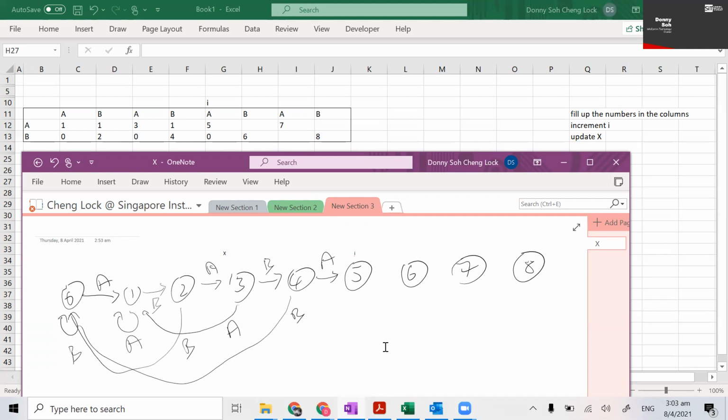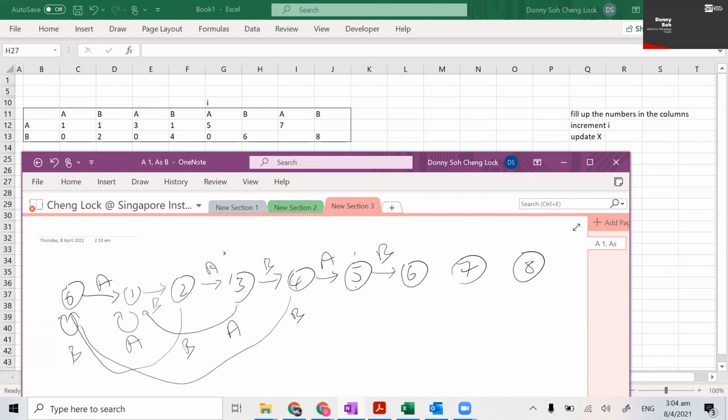Let's go from 5 to 6. From 5 to 6, this will be a B. What will happen to state number 5 if I were to see an A? Let's look at what happened to X if I were to see an A. If I were to see an A at state X, it will go back to state number 1.